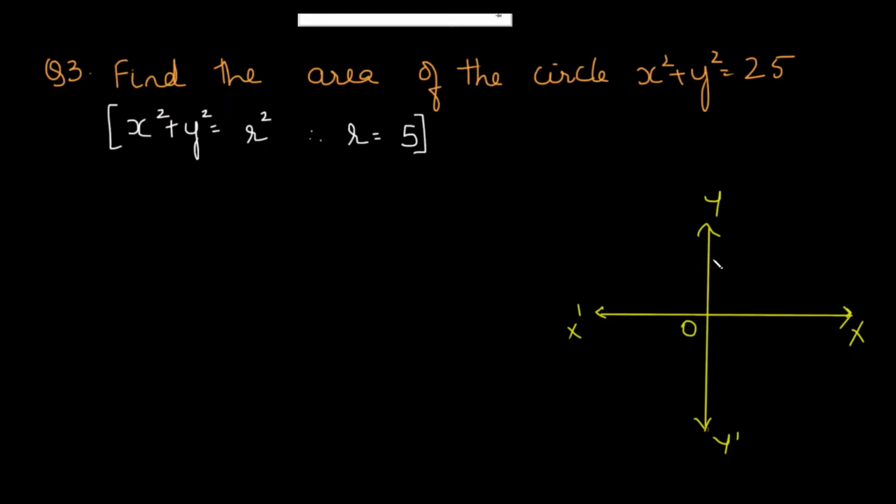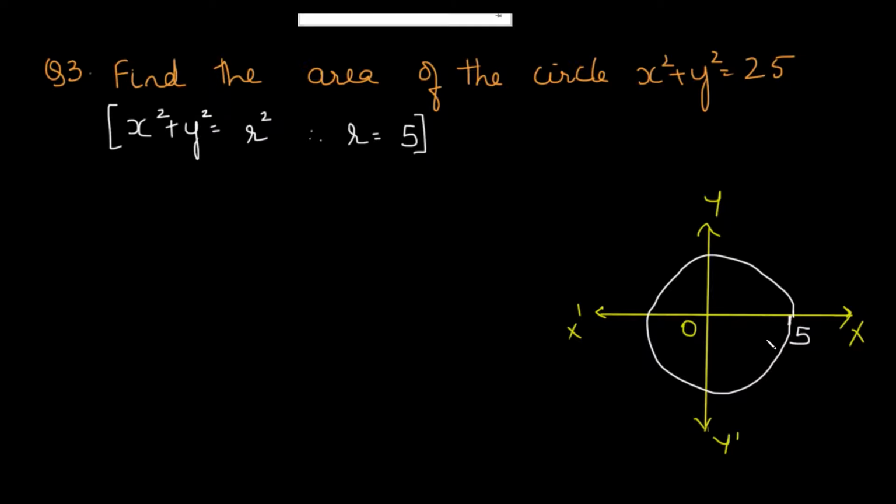So at x is equal to 5, taking 5 as the radius of the circle, if you draw the circle, it comes out somewhat this way. Consider this as a circle.